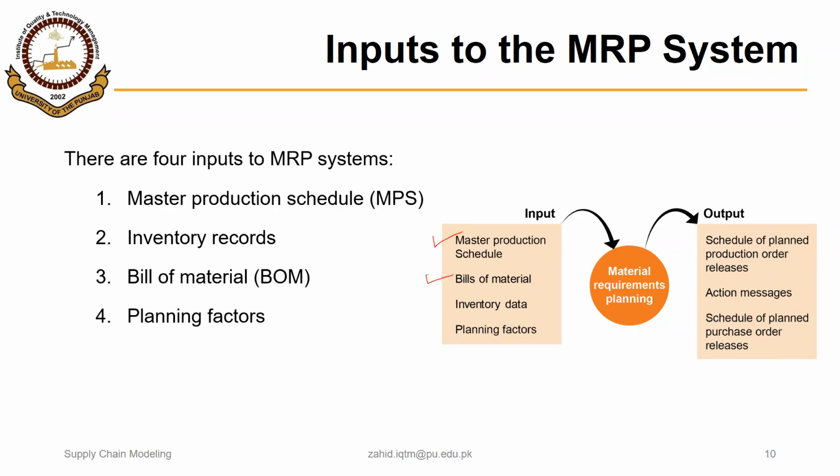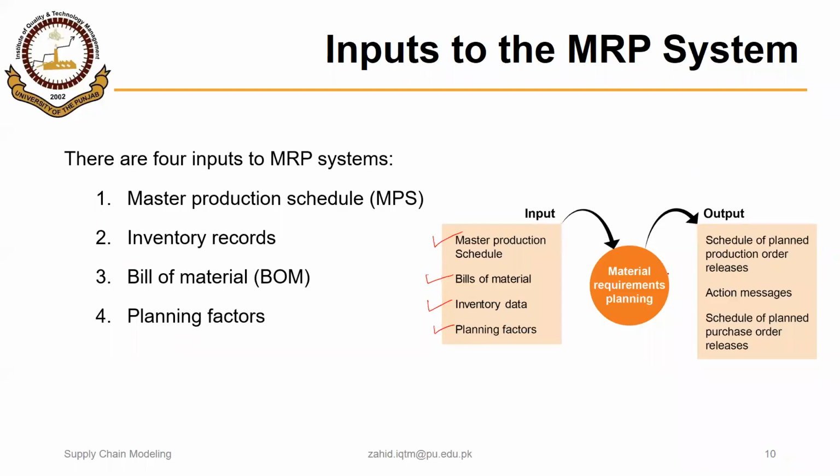We will see this point in some detail. Inventory record shows the inventory of a certain item, and planning factors focus on planning related decisions like safety stock, lead time, etc.